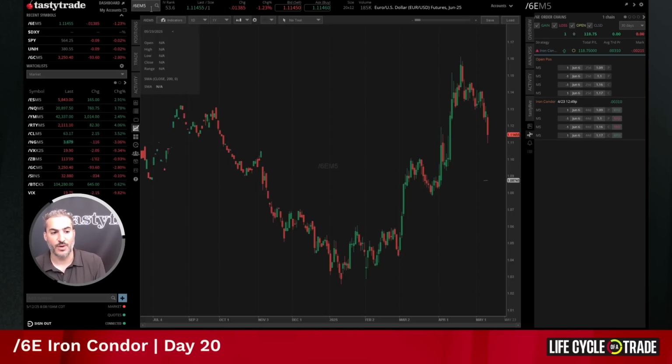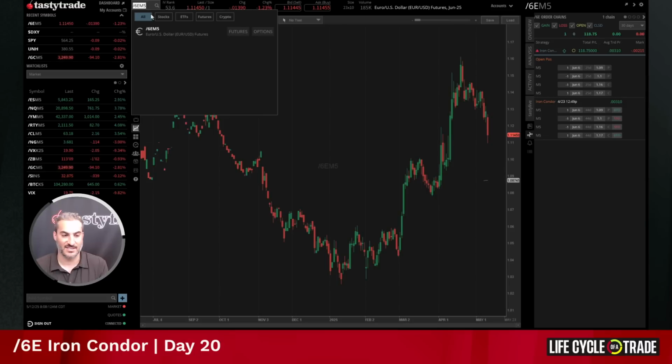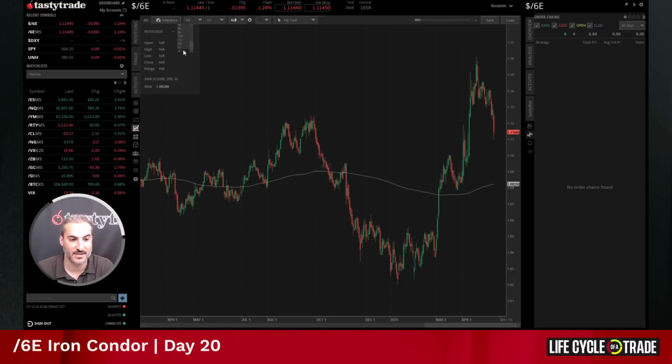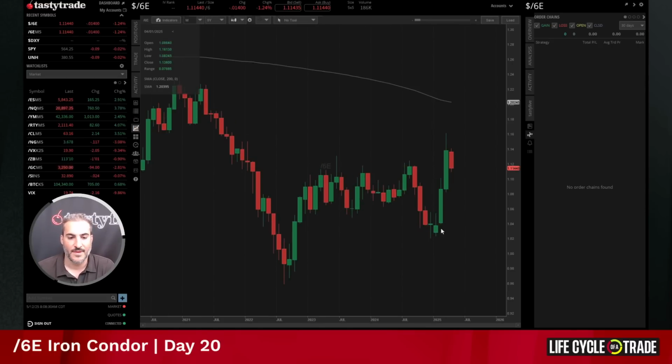Another thing you can do with the futures contracts is type in that same dollar sign and then put in the futures. This is a continuous futures chart. So just to give you an idea of how big this move is and how big the move in currencies has been over the last couple months, you can see we've had some huge movements in the euro with all the news that has been going on with tariffs and all that stuff.